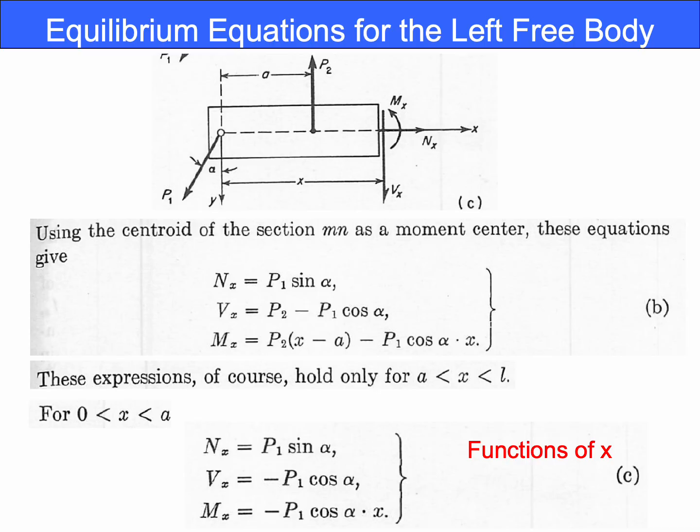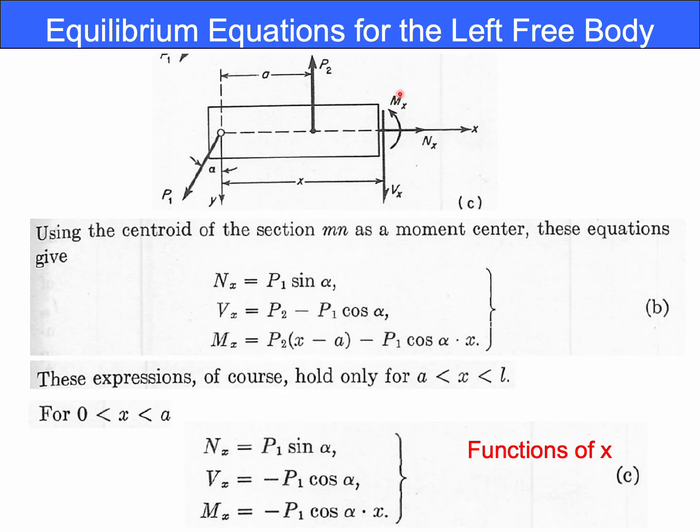In order to understand the equilibrium, let us consider a free body of the cantilever beam that has already been shown previously. This is the free body that has already been shown.